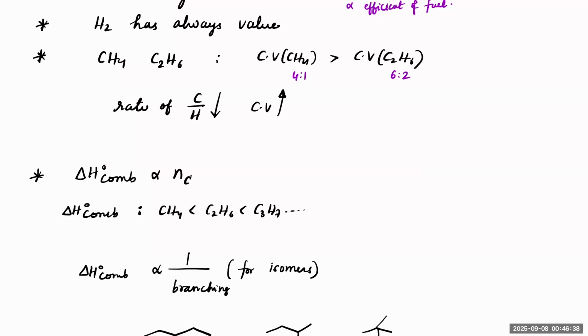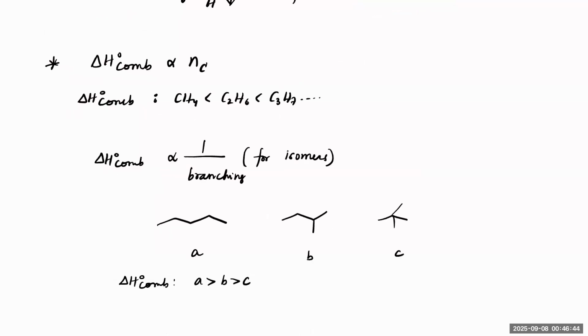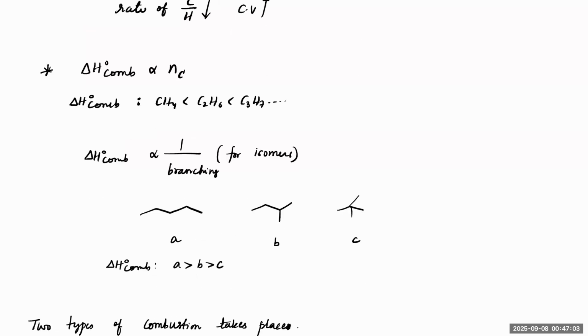That means the calorific value will start decreasing. So delta H naught of combustion is inversely proportional to branching. This is for their isomers. For example, A, B, C we have. The lower the branching, less will be the energy released, and this will release more amount of energy. Combustion case is clear, beta?